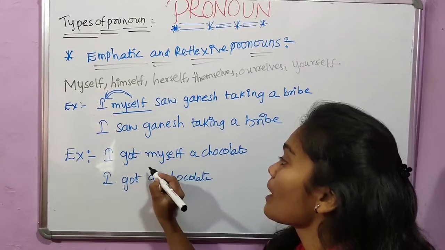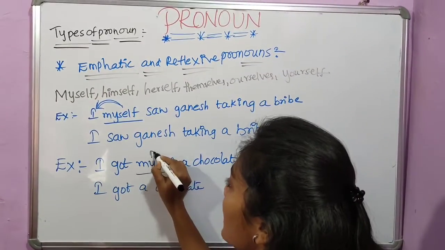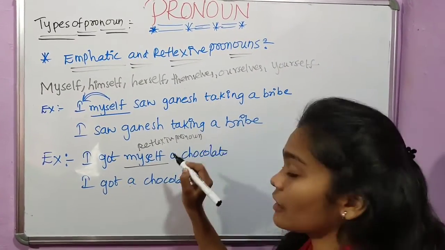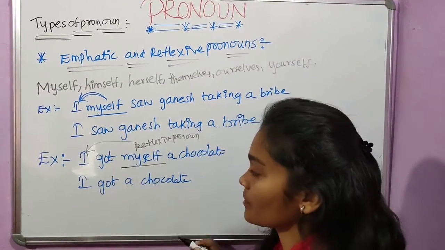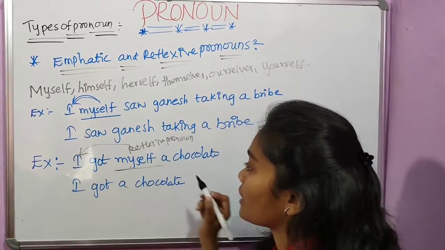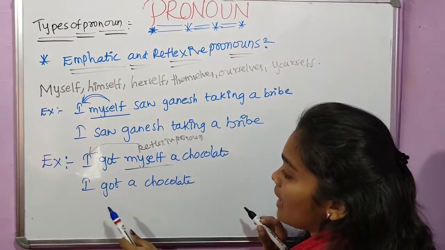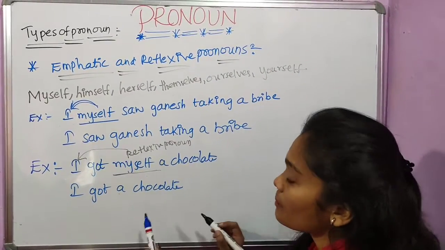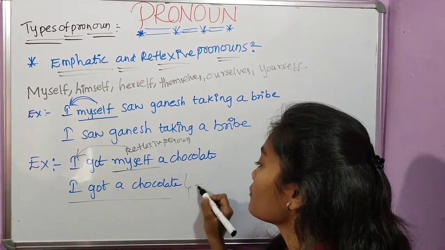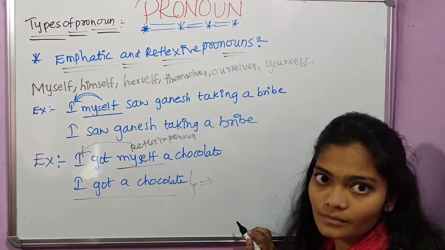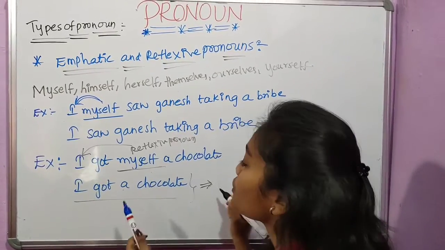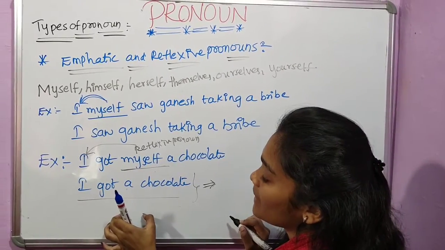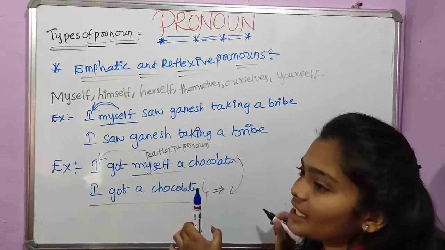In this sentence, myself acts as a reflexive pronoun because it refers back to the subject I. If you remove this reflexive pronoun myself and write this sentence as I got a chocolate, it does not make complete sense, because from this sentence, can you say for whom I got a chocolate? From this sentence we can't say for whom I got a chocolate. So it does not make complete sense and the meaning of these two sentences changes.